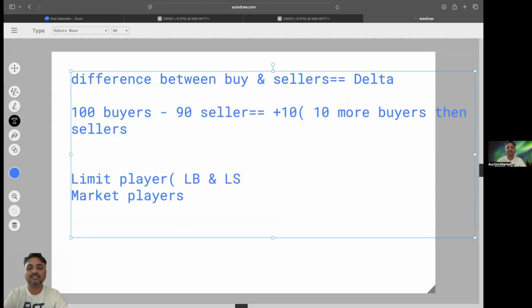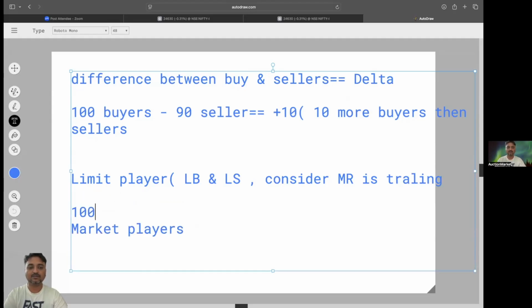So basically they place their order. Take an example: consider the market is selling at 100. As of now, the market is selling at 100.